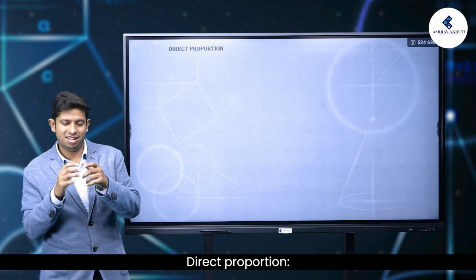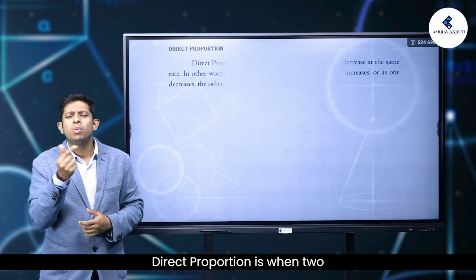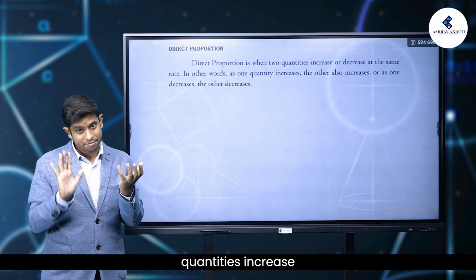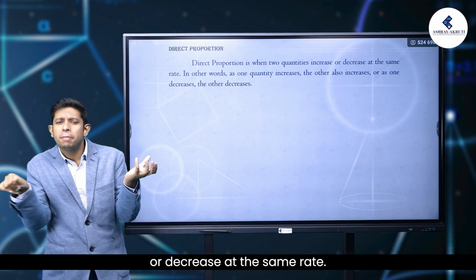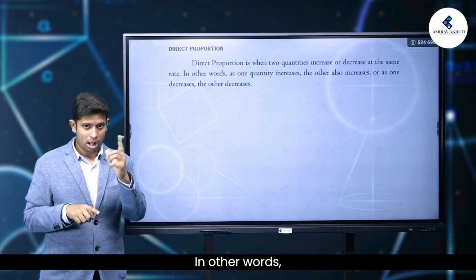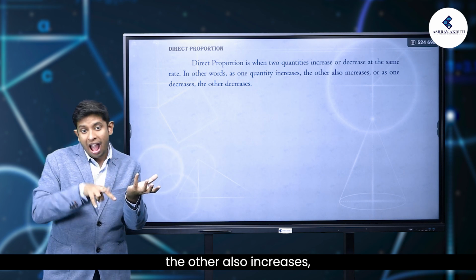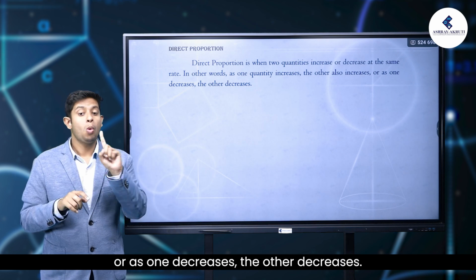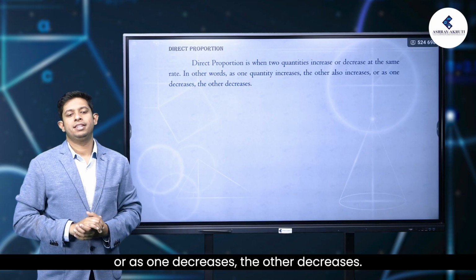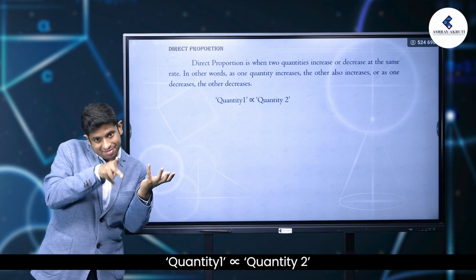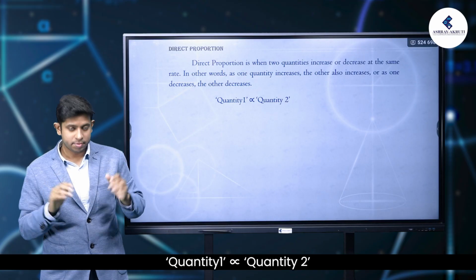Direct proportion. Direct proportion is when two quantities increase or decrease at the same rate. In other words, as one quantity increases, the other also increases, or as one decreases, the other decreases. Quantity 1 is proportional to quantity 2.